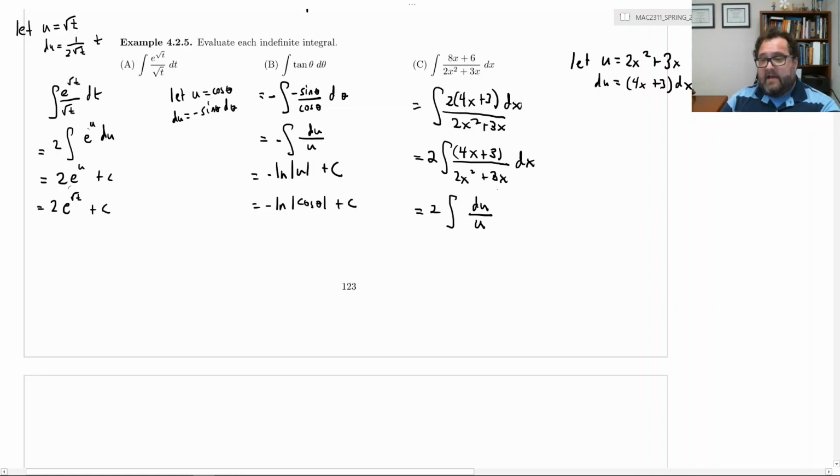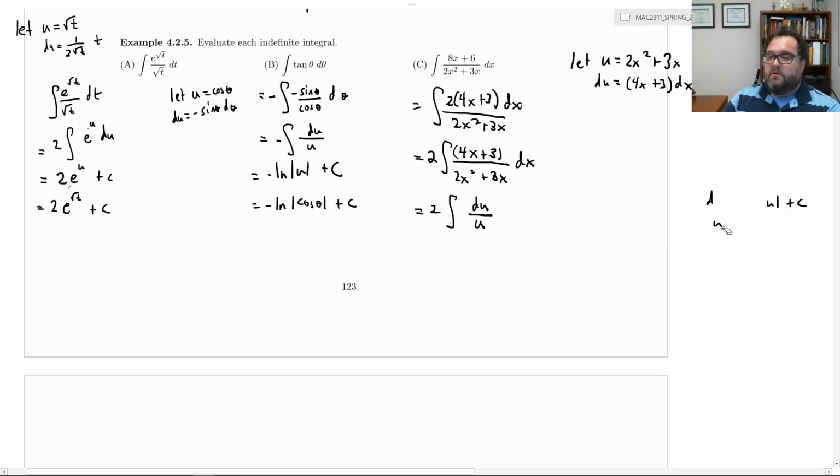And now I have the classic du over u. Derivative of a function over that function is always going to use natural log. Again, u prime over u, or perhaps du over u, always has the antiderivative, natural log absolute value plus c. Okay?